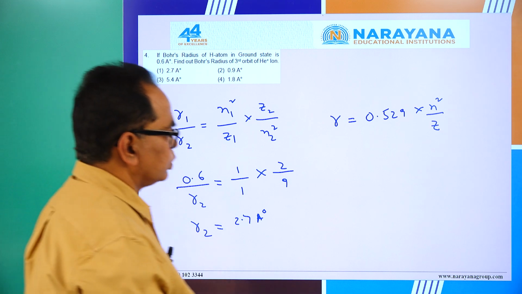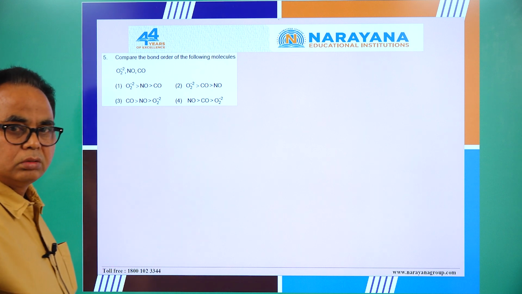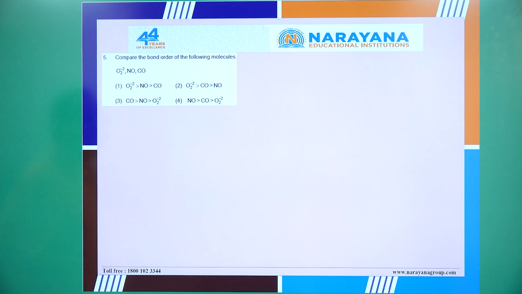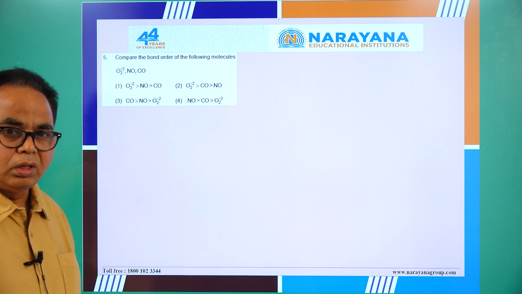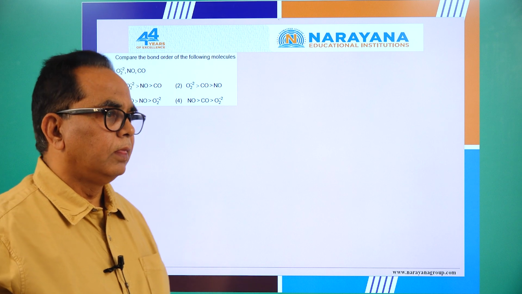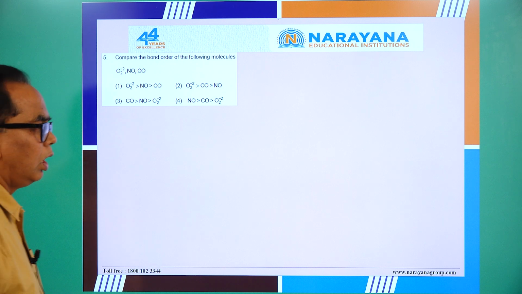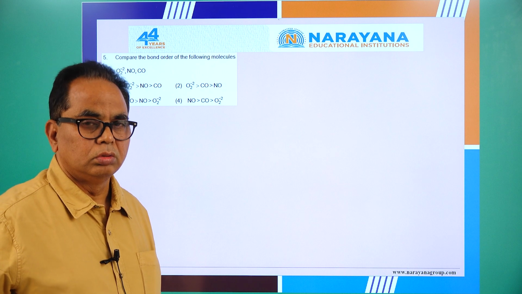So moving to the next question. Compare the bond order of the following molecules. This is based on molecular orbital theory actually. Even if one doesn't know the molecular orbital theory, this question can be solved based on the number of bonds present in N2 molecule and O2 molecule.